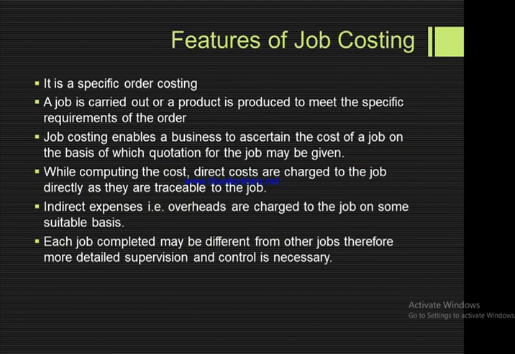So some of the features of job costing also were discussed. It's a specific order costing. A job is carried out or a product is produced to meet a specific requirement of an order. Job costing enables a business to ascertain the cost of a job on the basis of which quotations for a job may be given. Sometimes it may be required that we need to give a quotation before we get the order.